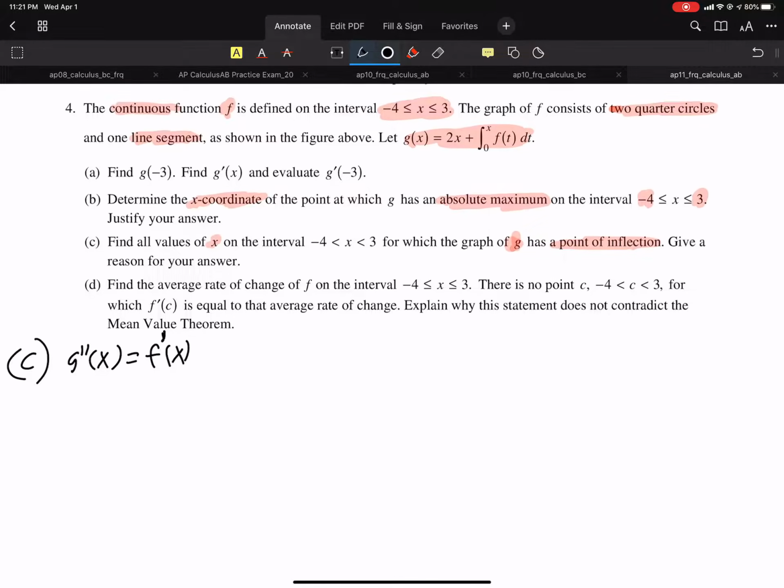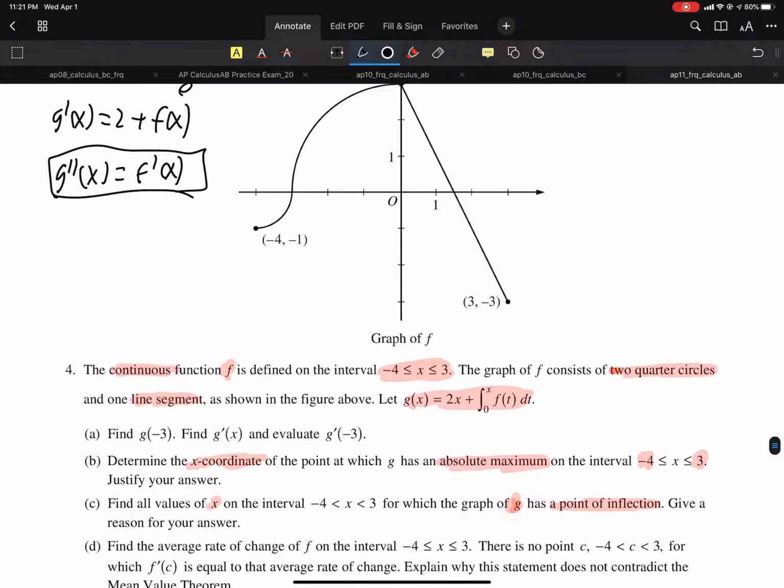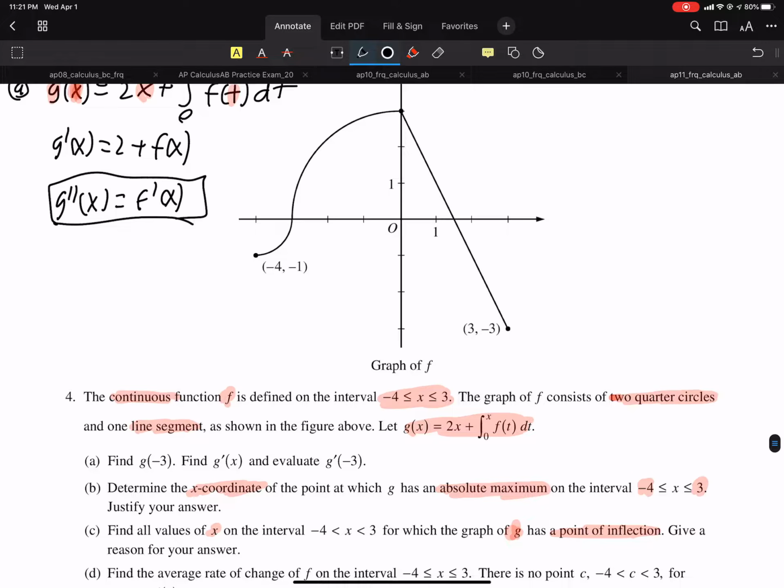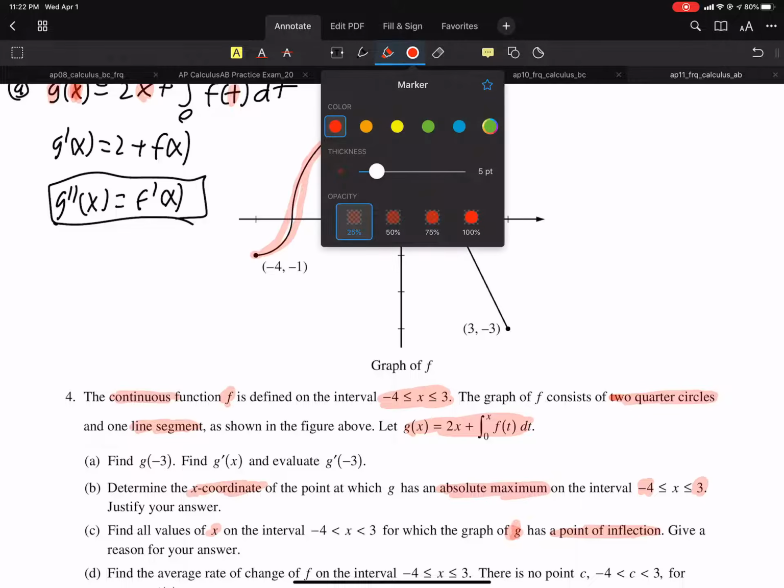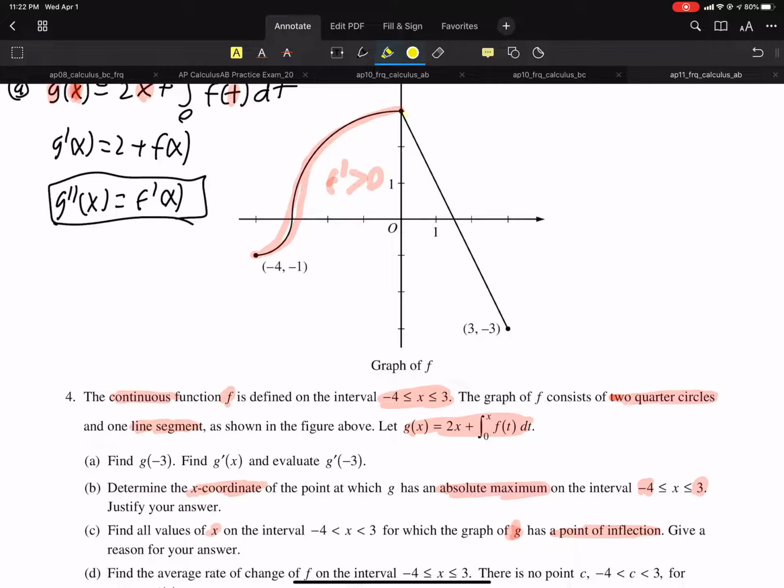So we don't have the graph of g, but we have the graph of f. And so we should know from the graph of f, if f is increasing, which it is on this region, then f prime is positive. And if f is decreasing, which it is on that side, f prime is negative.